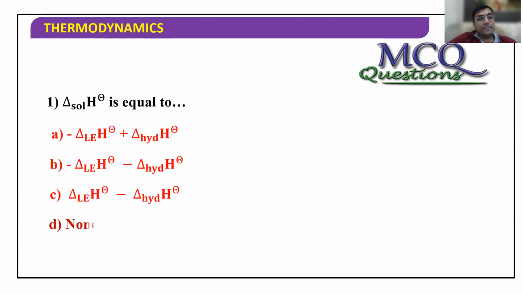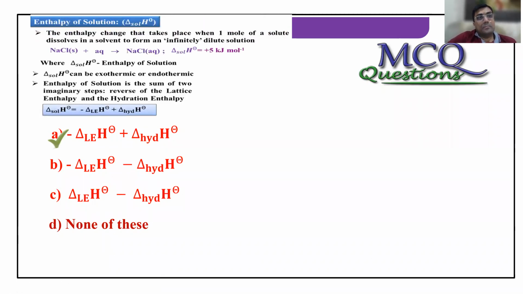Tell me the answer. Option A. Lattice energy and hydration energy: the sum of the two, reverse of lattice enthalpy and hydration energy. This is minus, this is minus. Sir, I have a query.